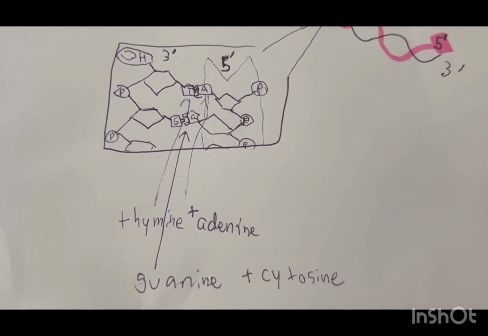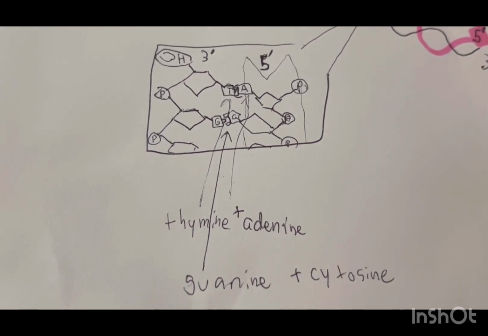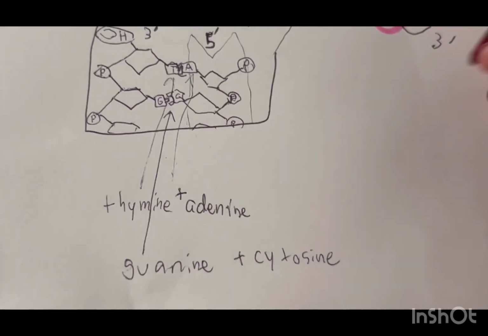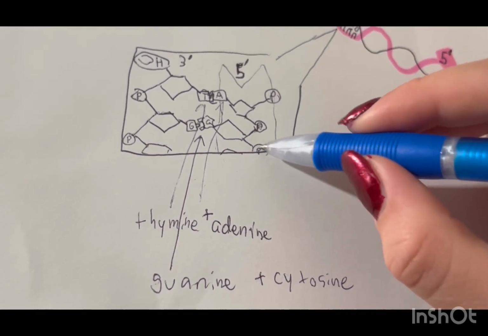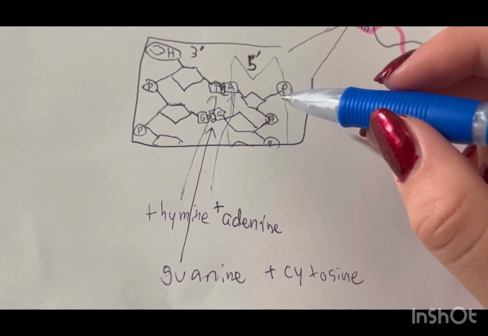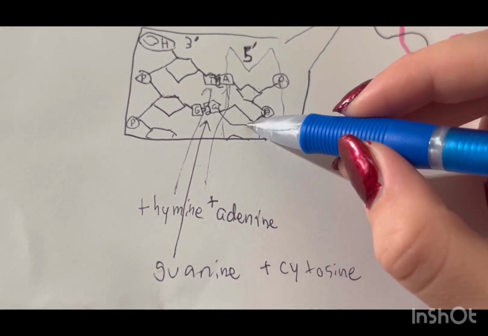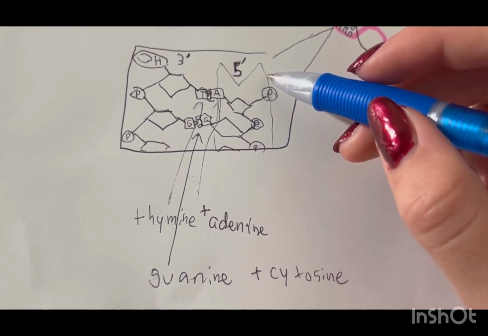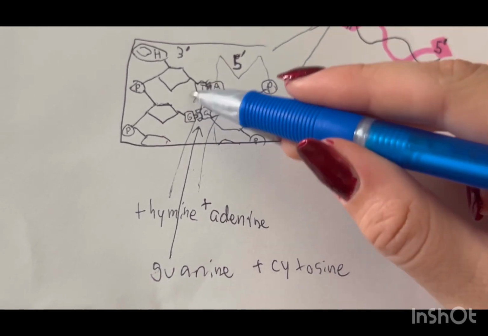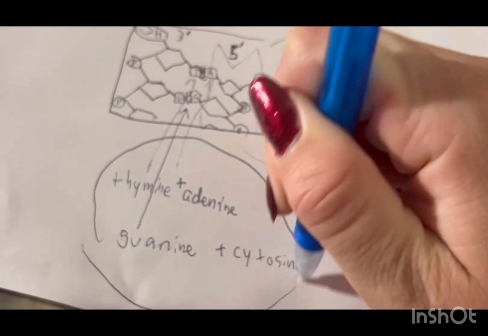And so basically, what we have here is the phosphate groups. We have a sugar base, 5-carbon sugar, and we have a nitrogenous base. These things, I believe all of these things are called nitrogenous bases.